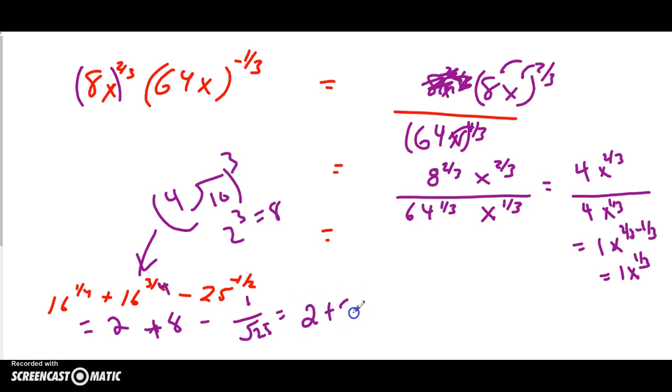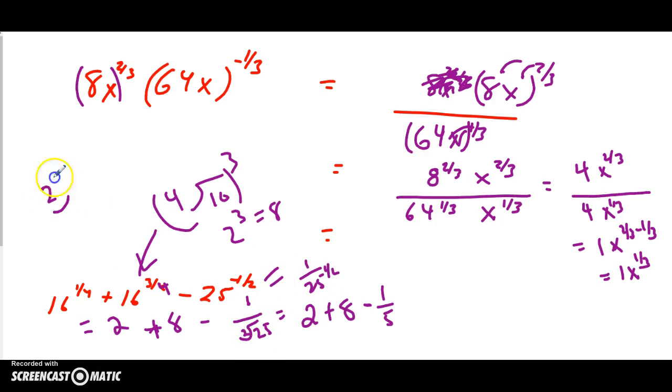So let me clean that up. That's 2 plus 8. 25 to the half is the square root.